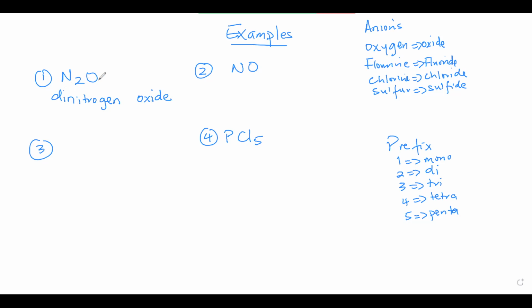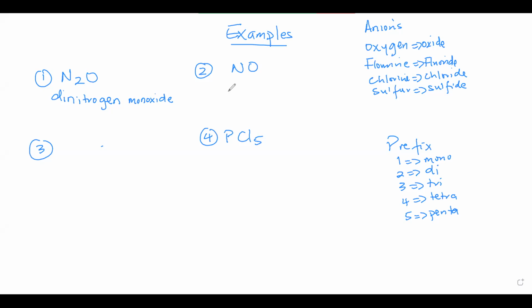Then oxygen: there's only 1, so the prefix is mono, making it monoxide. Dinitrogen monoxide.